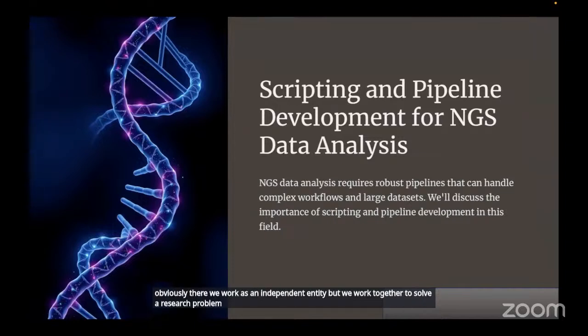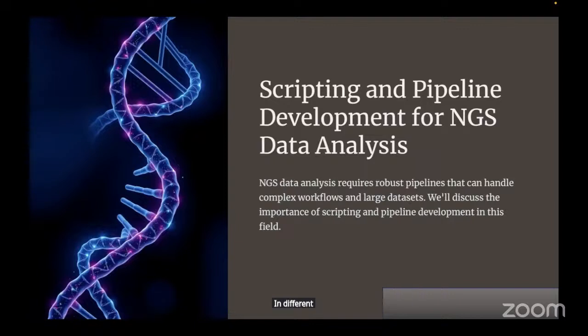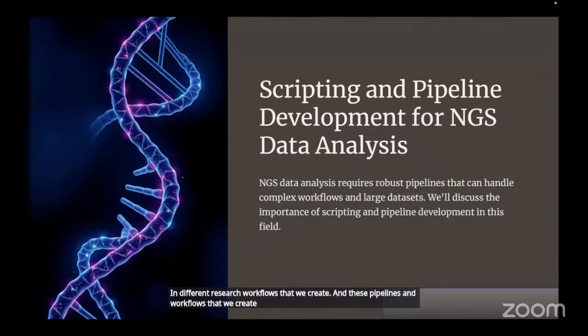So there is a lot of need to address some of the gaps that are there in different research workflows that we create. And these pipelines and workflows basically address a lot of automation, because there are 300 samples or 600 samples that you cannot just do using standard tools. You have to write your own scripts, standardize the data, and do all of that.